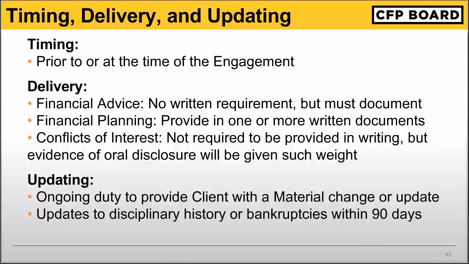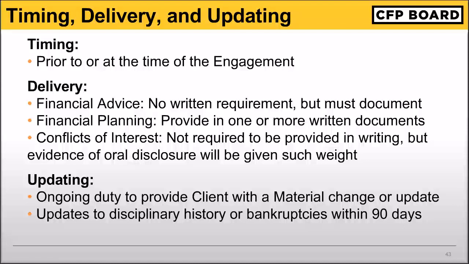The Code and Standards does not require the information to be provided to the client in writing when the CFP professional is only providing financial advice. But the CFP professional must document the fact that the information was provided to the client, so you need to keep your own record that's been done. You can do this by making a note in your CRM system.